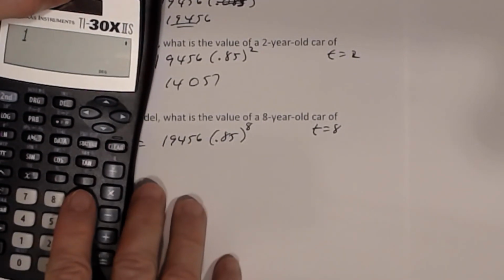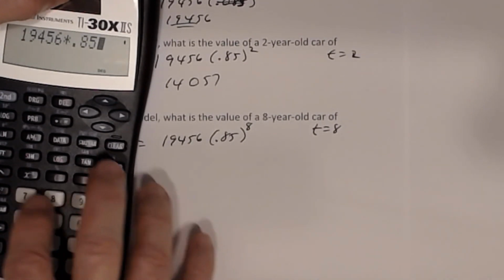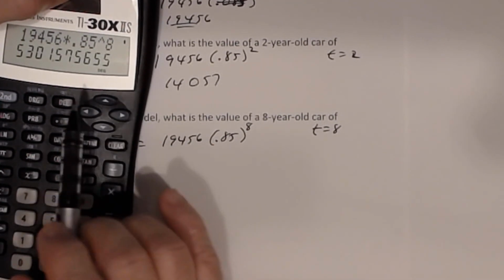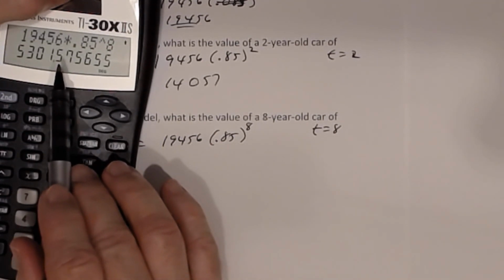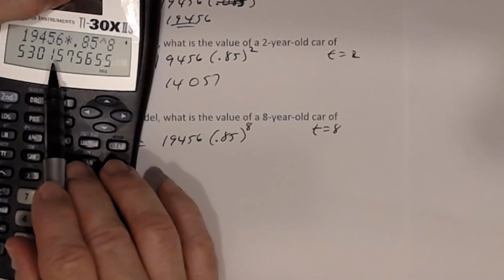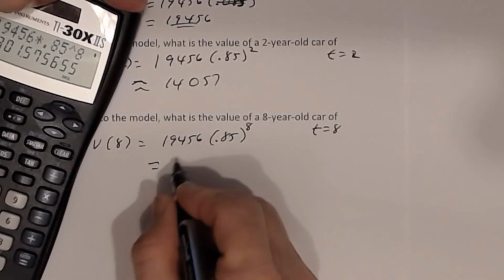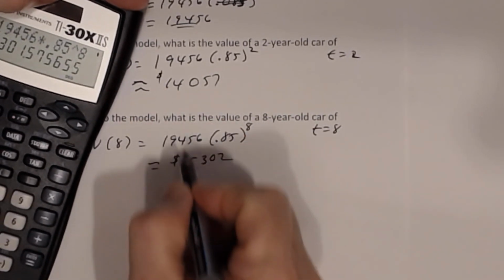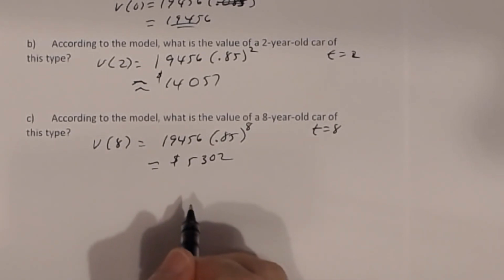So 19,456 times 0.85 raised to the 8th power equals, and then to the nearest whole number, see the tens place is 5. Since it's 5 or larger, the 1 becomes a 2. So $5,302. Okay? So that's the value of an 8-year-old car.